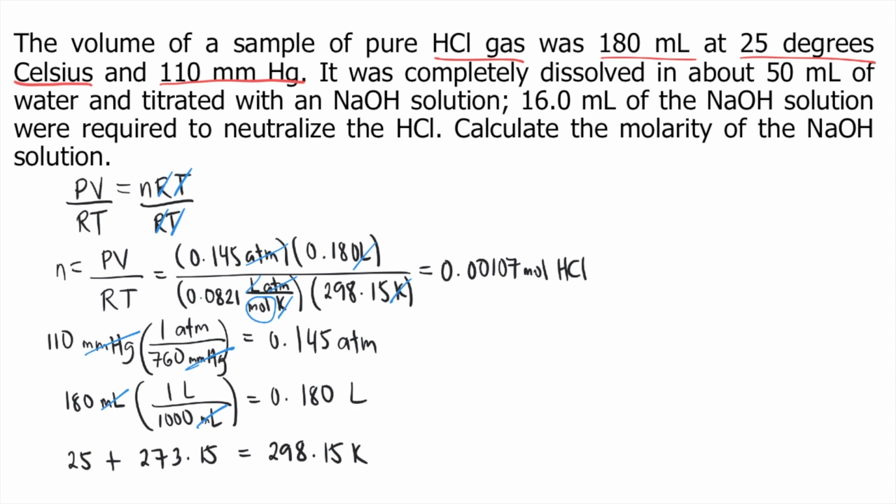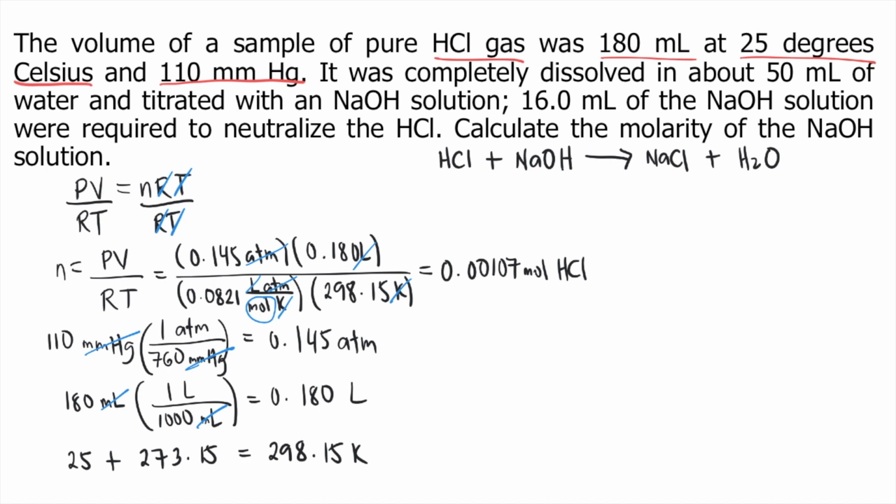It's important for us to write the reaction between HCl and NaOH. An acid plus a base forms a salt. The salt that forms here is sodium chloride and the other product is water. Okay, so this is the reaction between HCl and NaOH.